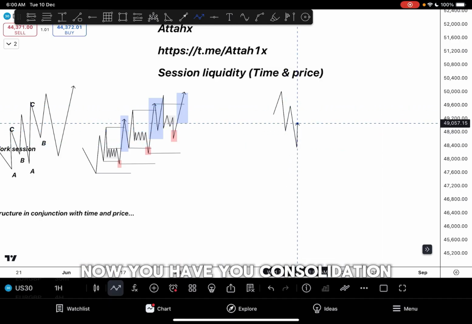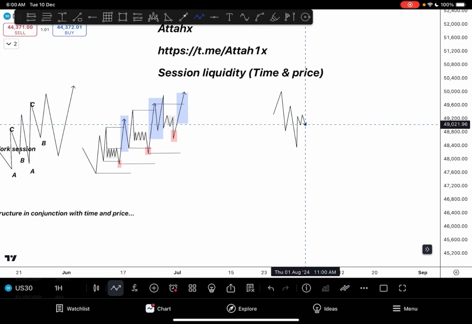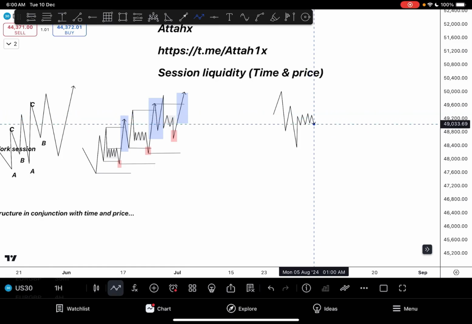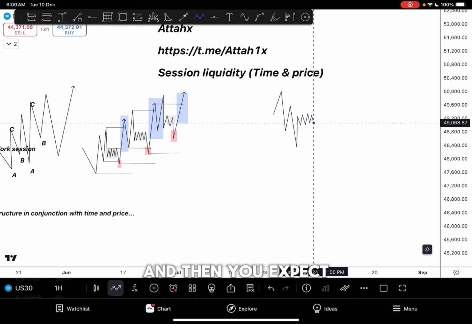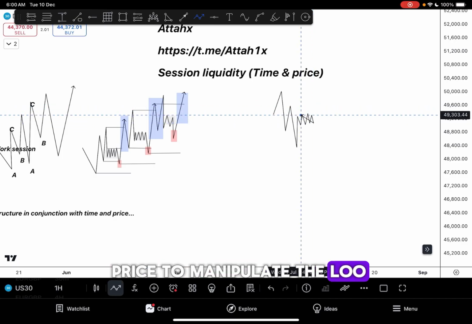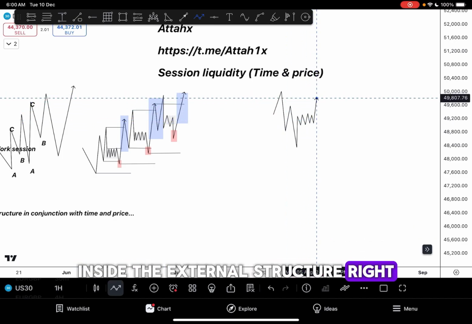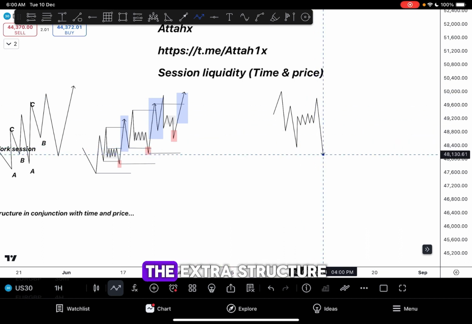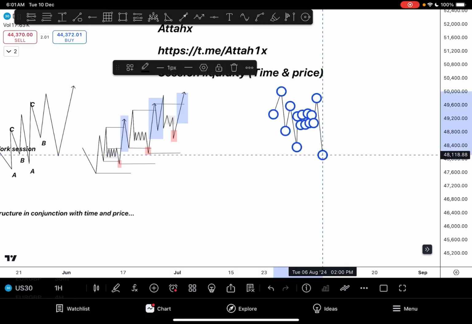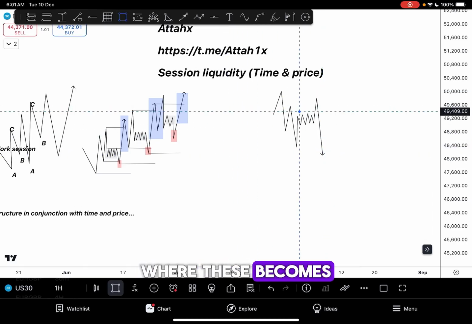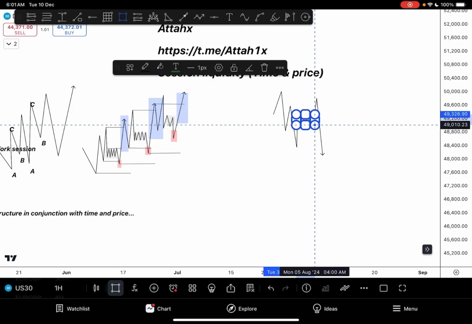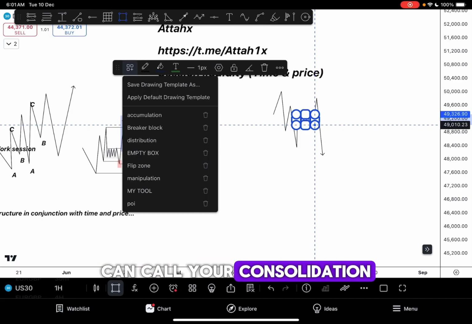Now you have your consolidation, and then you expect price to manipulate the low inside the external structure, right? And then manipulate the highs to break out the external structure, where this becomes your Asian liquidity, which you can call your consolidation.